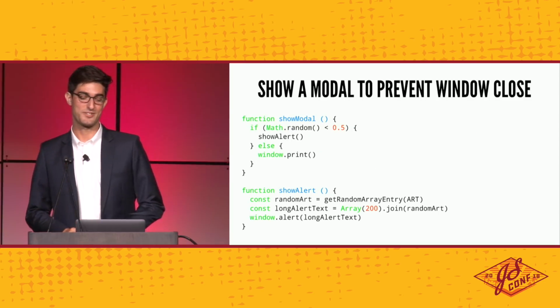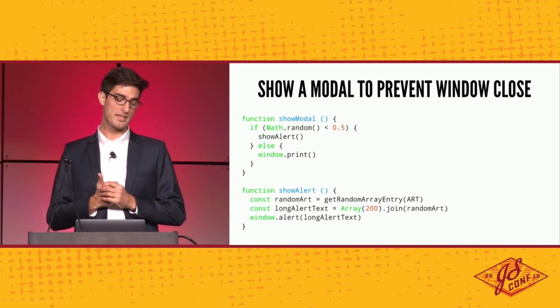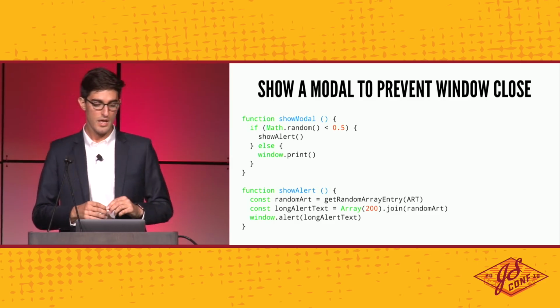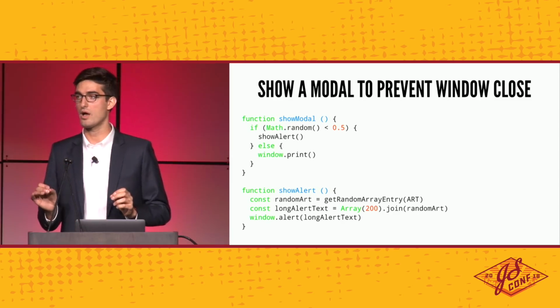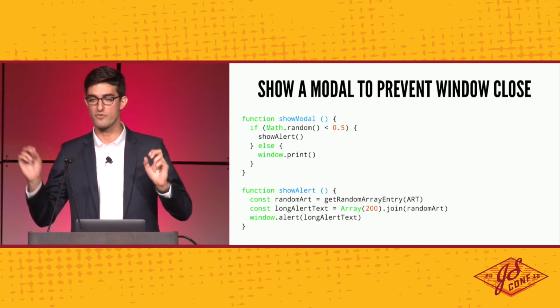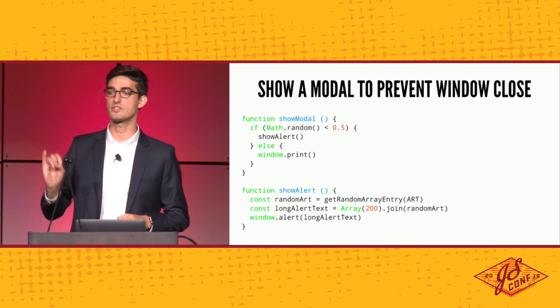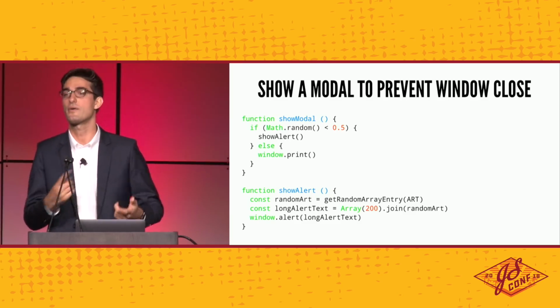Okay, this one is really nice. So if they go to hit Command W, I mentioned earlier that you can run events when that happens, but I think Chrome doesn't let you call event.preventDefault on Command W because they don't want you to be able to intercept that. However, there's a good trick that works around this.